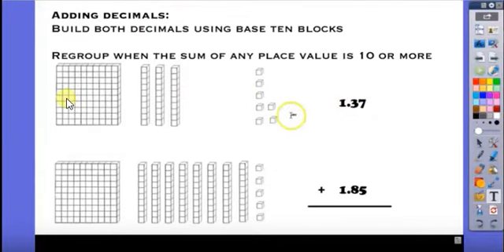Now in this case, you can see this is 1.37. So this is 1, the 3 rows is 0.3, and this is 0.07. So this is 1.37, and this represents 1.85. Now if you add this, they make more than 10 units.